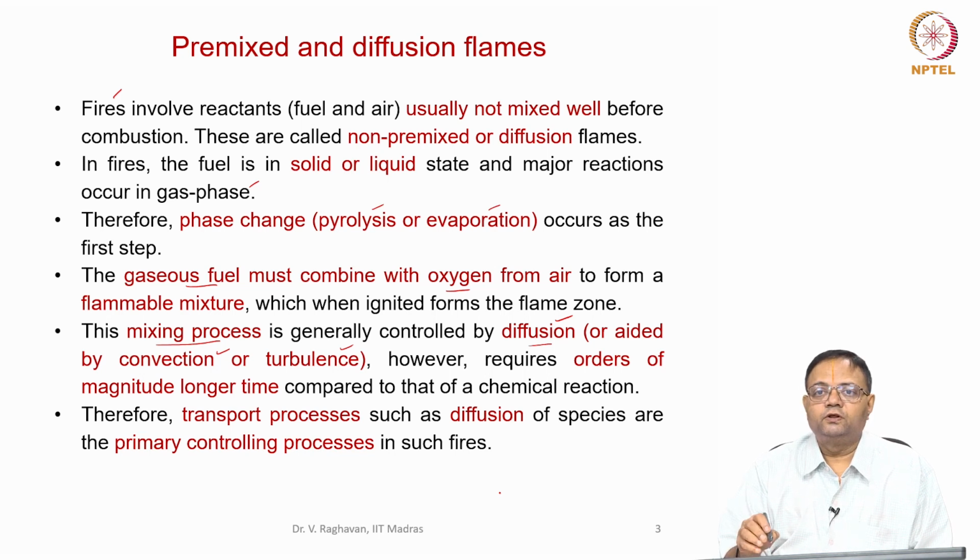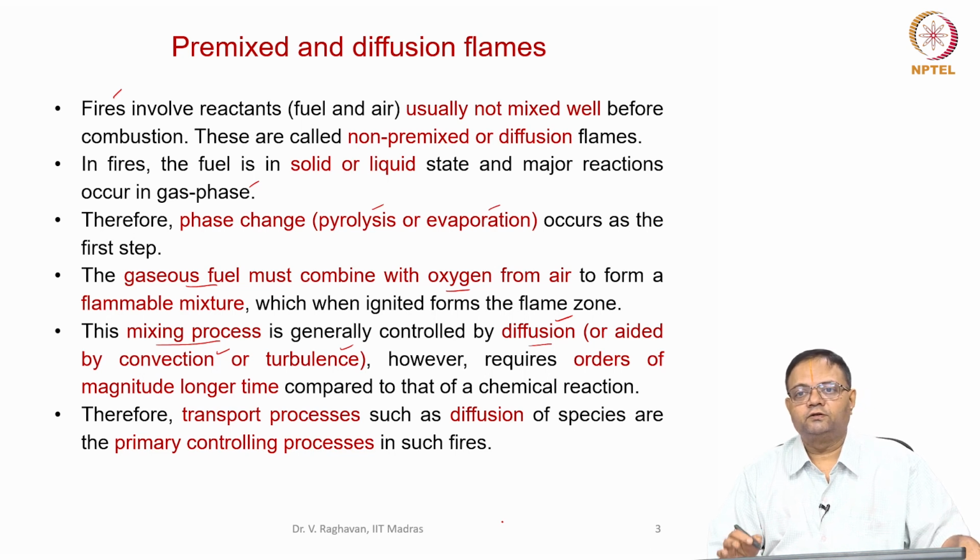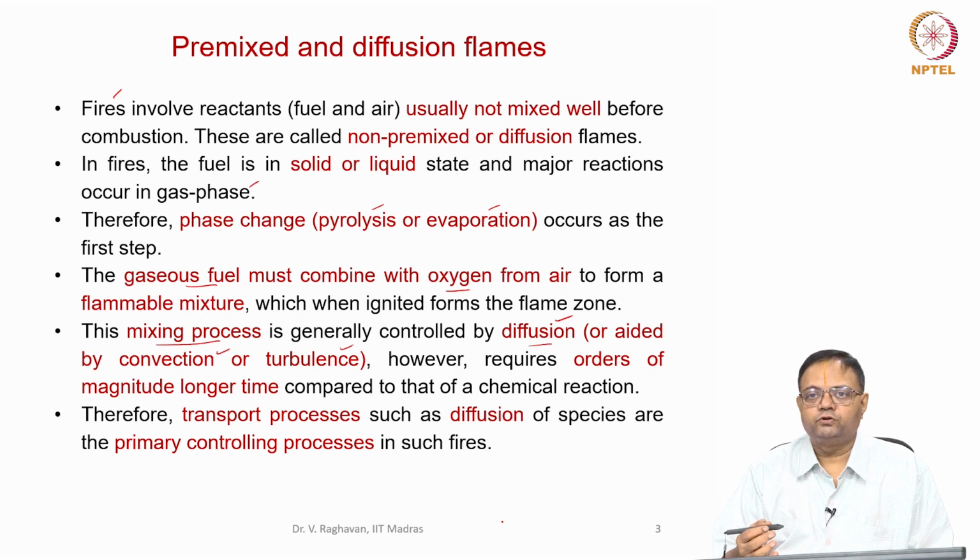When turbulence or convection is involved, the mixing will be enhanced by a very high magnitude. The diffusion is molecular level mixing, and the molecular diffusion process will be enhanced by several orders.